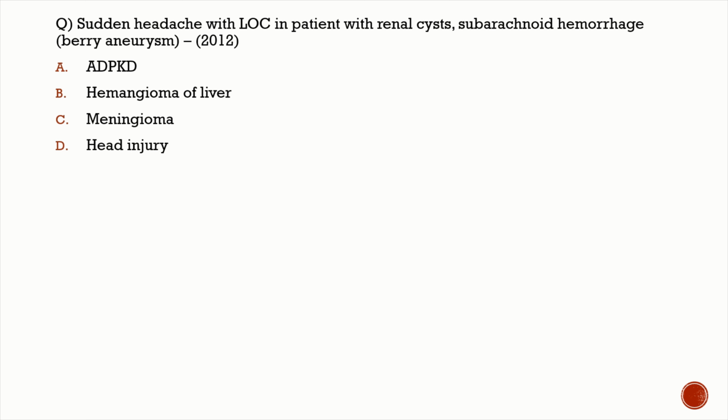Sudden headache with LOC in a patient with renal cyst: subarachnoid hemorrhage with berry aneurysm. So remember, you have to know the associations. Berry aneurysm is seen in what other conditions? It is seen very commonly in autosomal dominant polycystic kidney disease. Then it is seen in fibromuscular dysplasia.